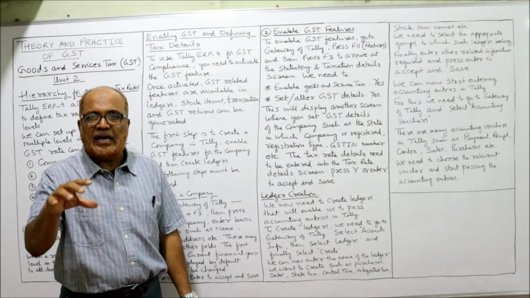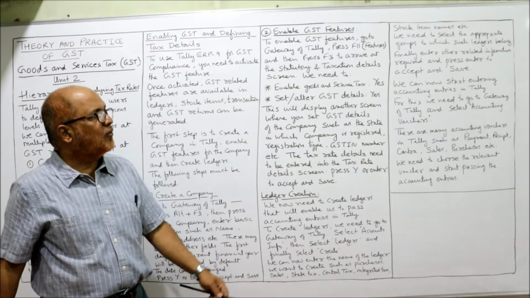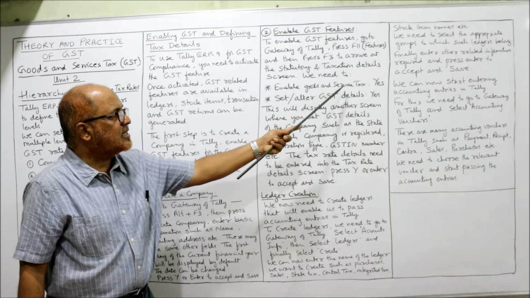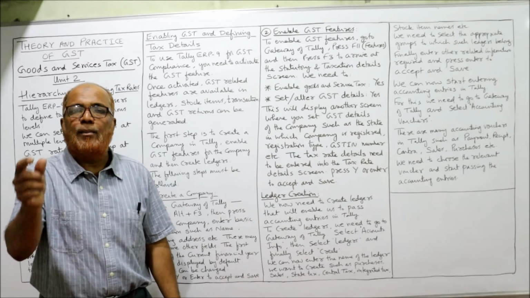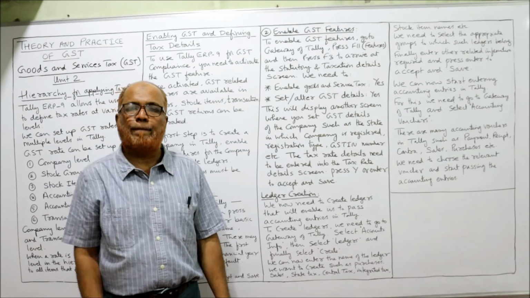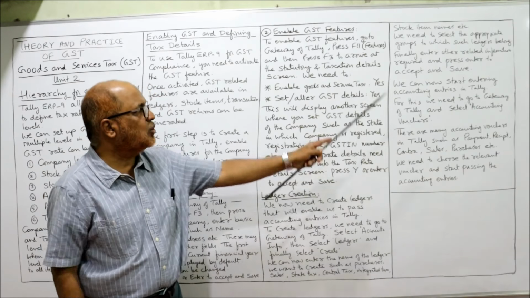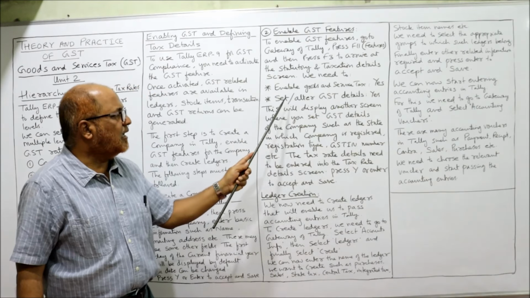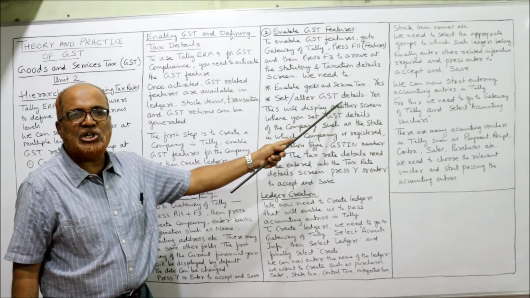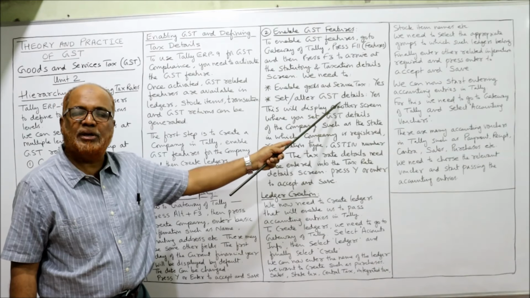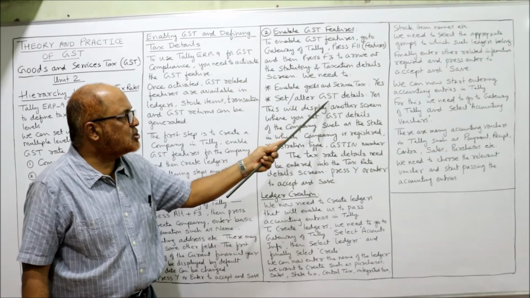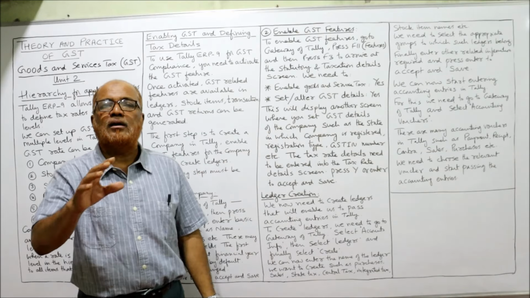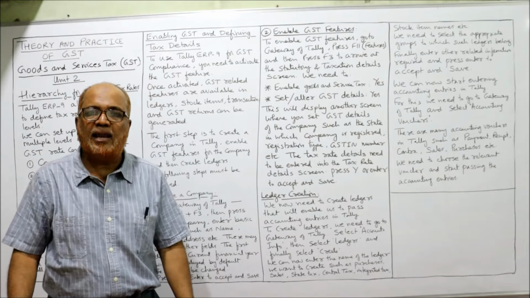In this screen, it will first ask you to enable goods and services tax. By default, it will be no, so change it to yes. Secondly, set or alter GST details. By default, it will be no, so make it yes. By making these yes, your GST will be enabled.